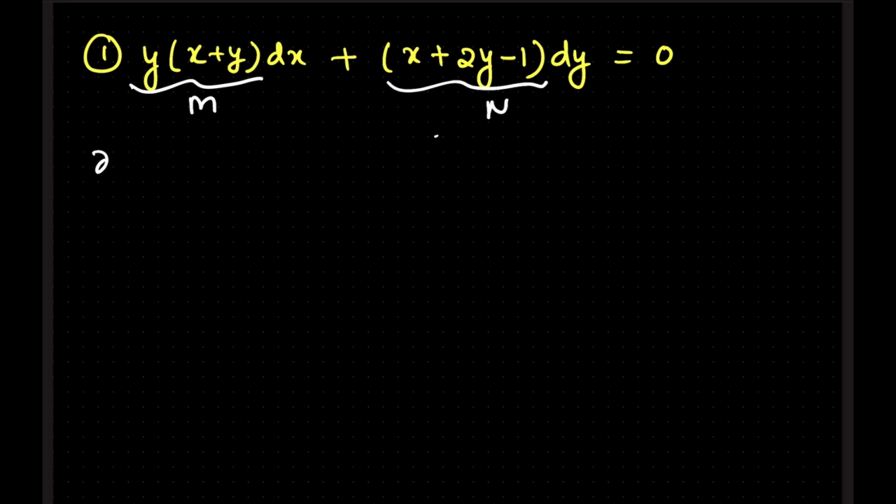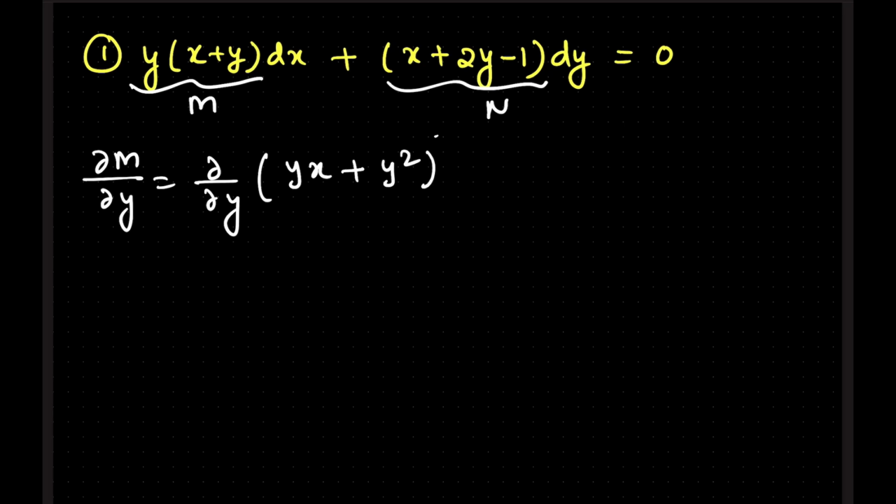Always, we first find ∂M/∂y. M is yx plus y square, and we are partially differentiating with respect to y, so we keep x as constant. You will get x, because x is constant, and the differentiation of y with respect to y gives 1, plus 2y.